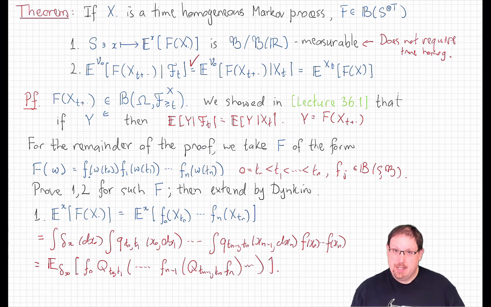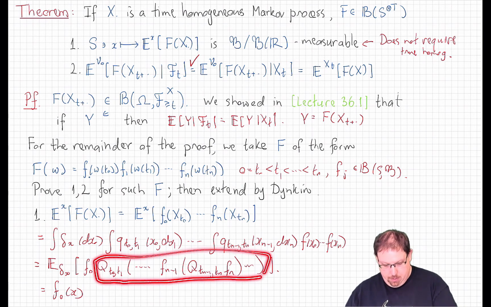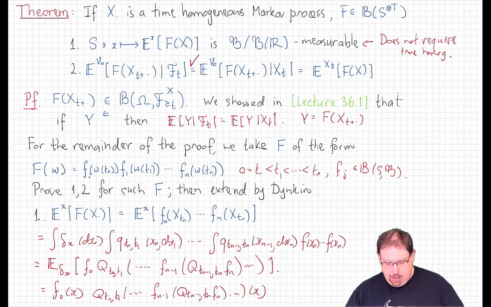Well, taking the expectation with respect to a point mass at x is pretty easy. That's just f0 at x times this whole function here evaluated at x. Now, each of the transition operators is a function from bounded measurable functions to bounded measurable functions. And so I start with this bounded measurable function, I apply this transition operator, and I get a new bounded measurable function.